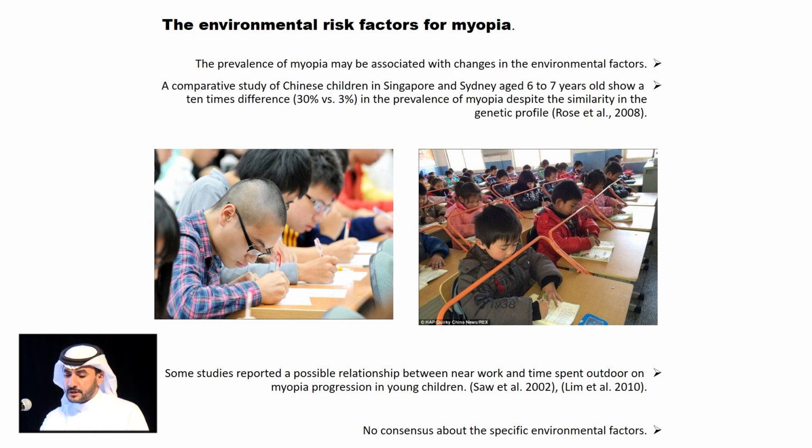Near work was mentioned like 150 years ago, and a study was conducted in Singapore and Sydney. They examined school children of Chinese ethnicity, and found that the prevalence of myopia was high in children in Singapore compared to the same children who lived in Sydney, despite sharing the same genetic profile.